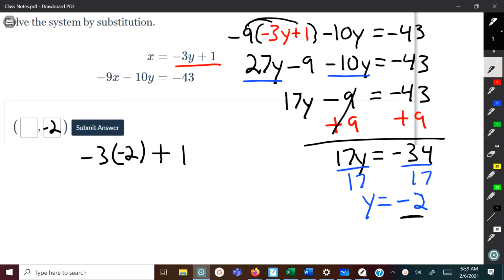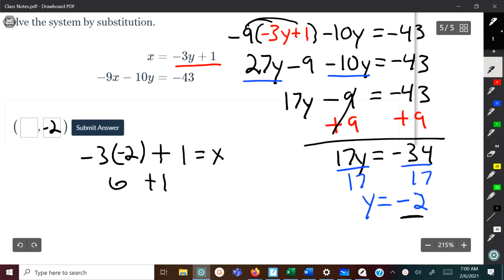And then solve. Negative times a negative is a positive. You get 6. Let me put the equal x here. And I know that x is over here, but it doesn't matter. Negative times a negative is positive. 6 plus 1 is 7. So the solution is 7, negative 2.